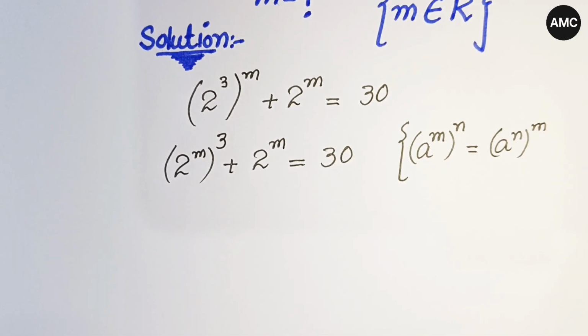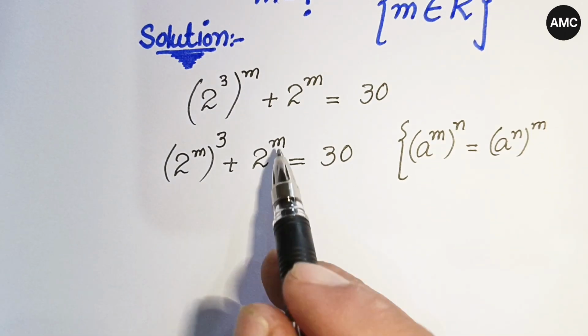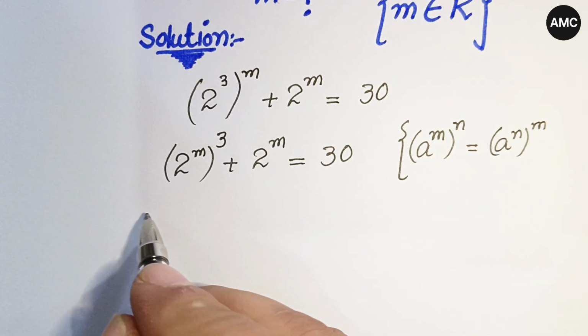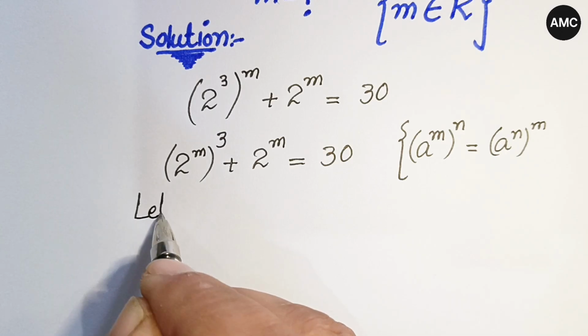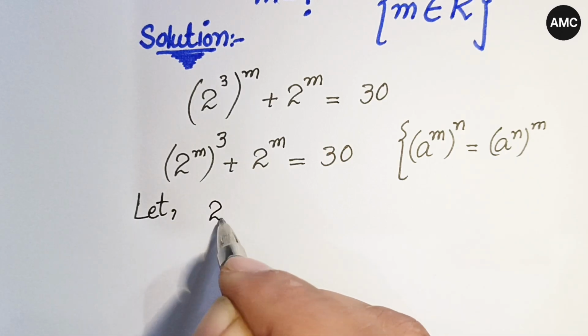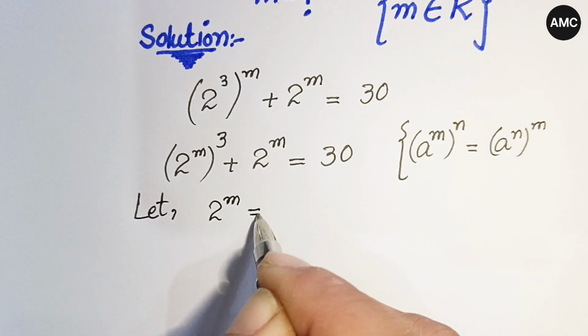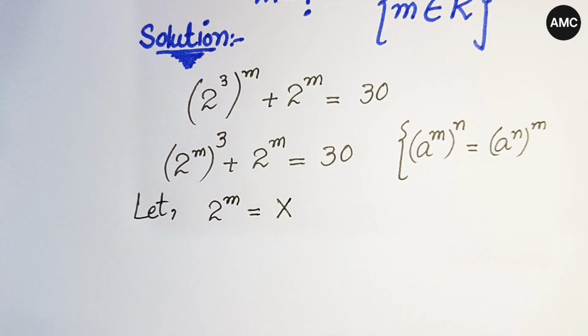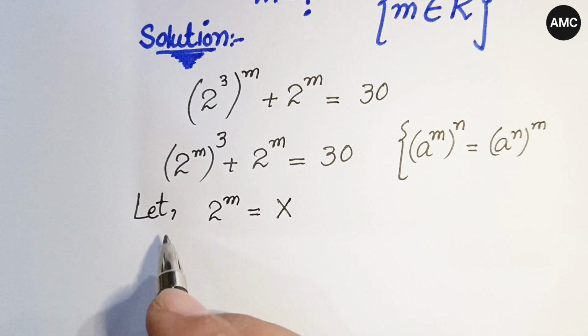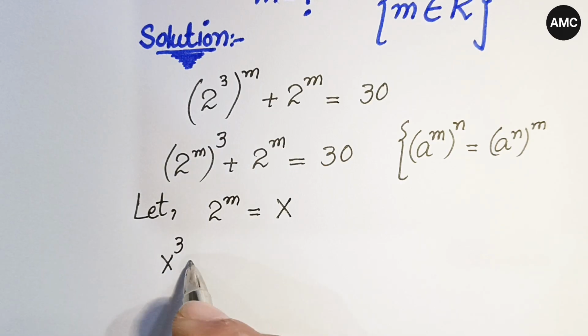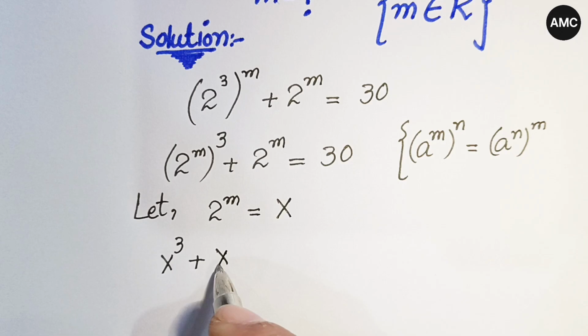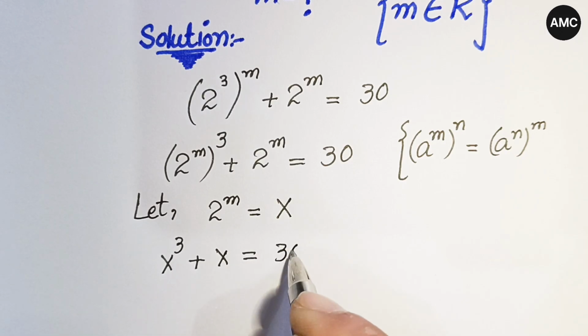Now we see that 2 to the power m inside parentheses and this 2 to the power m are the same. So let us suppose that 2 to the power m is equal to x. Now substituting this value here, we will get x cubed plus x is equal to 30.